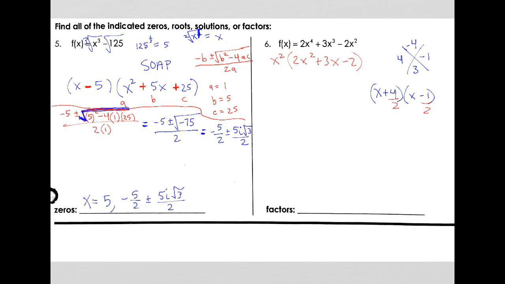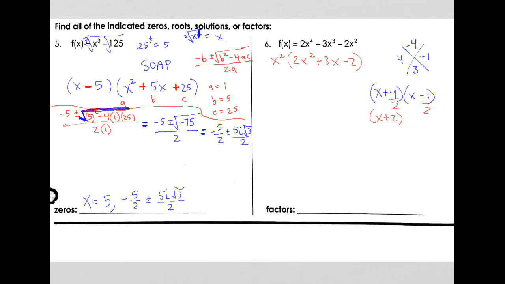So now, got to ask yourself, does it simplify? 4 divided by 2. Yes, that does simplify. And so we end up with x, 4 divided by 2 is 2. So it's x plus 2. Does this simplify? No, it does not.